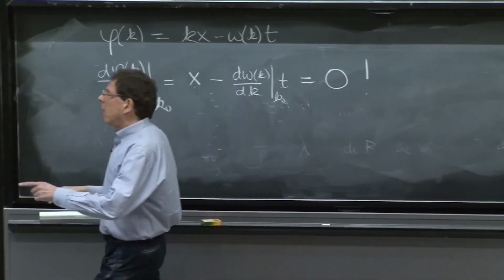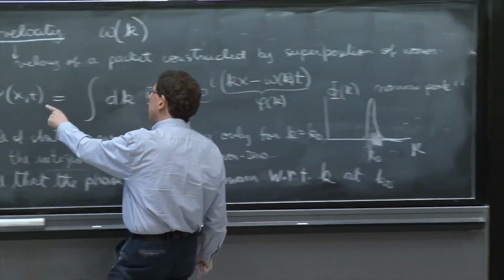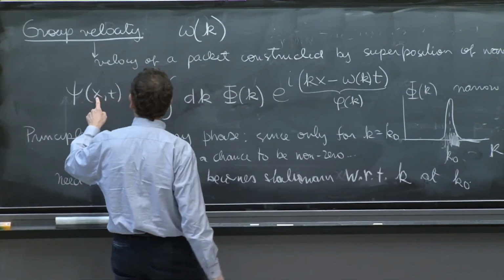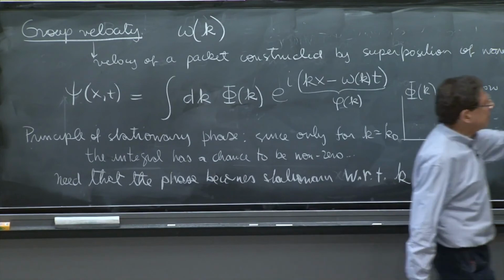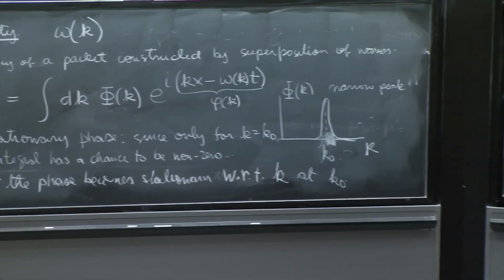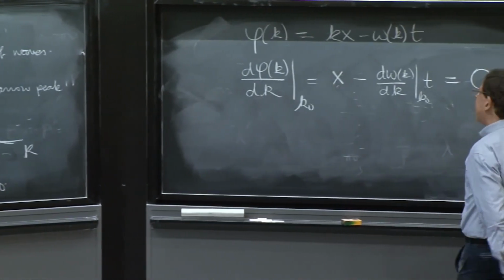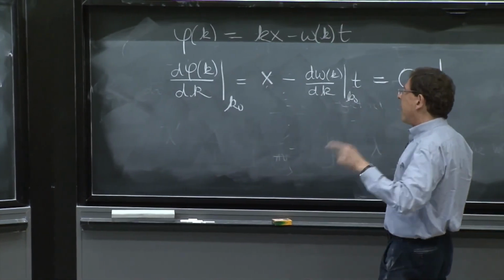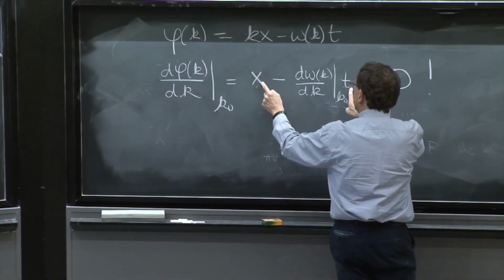So the value of x, where you get a big bump in the integral, and the time t are related by this relation. The hump in this packet will behave obeying this relation.